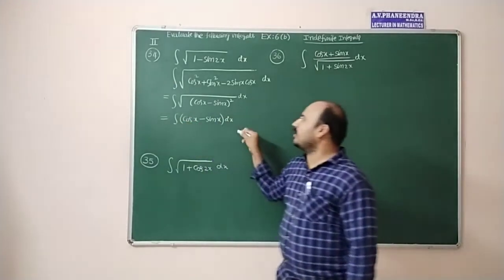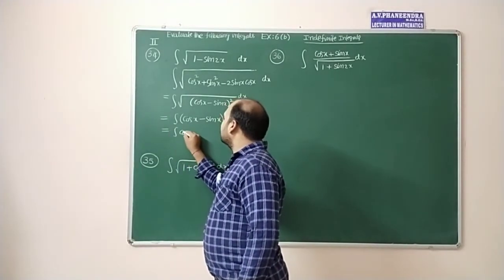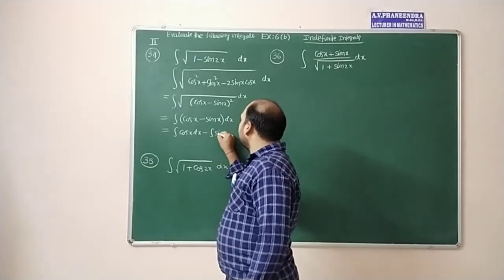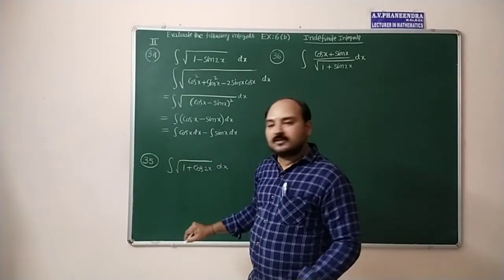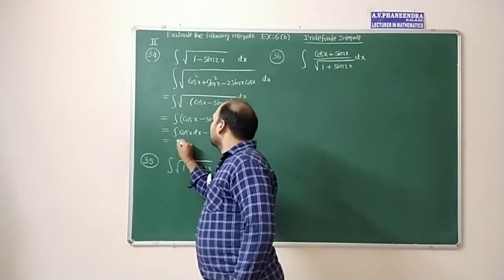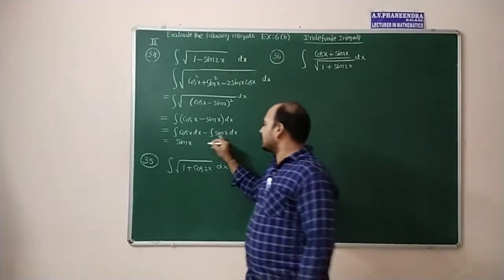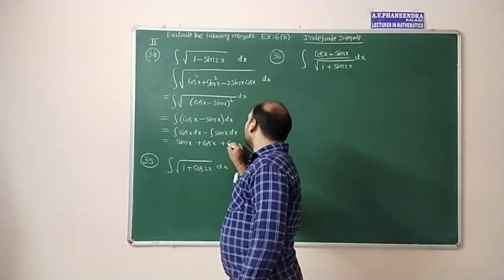Now each and every term you have to integrate, which is equal to integral cos x into dx minus integral sin x into dx. Integral of cos x is sin x, and integral of sin x is minus cos x; already minus is there, so plus cos x after integration, plus c.